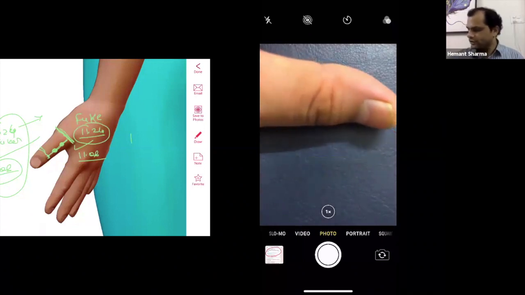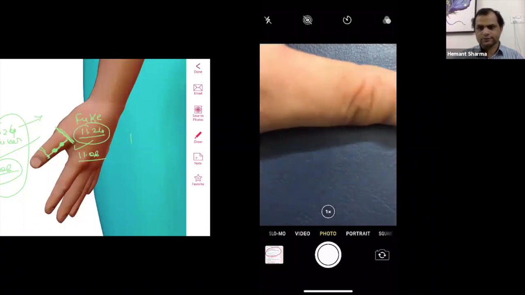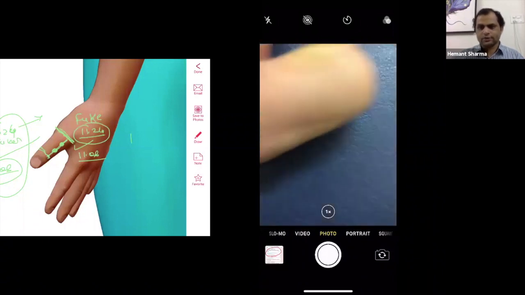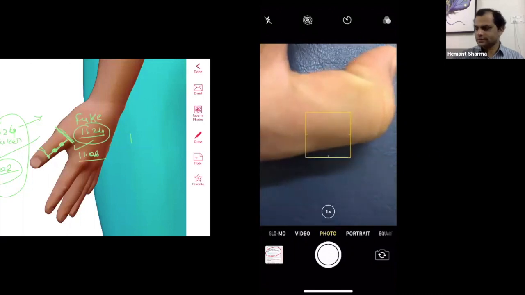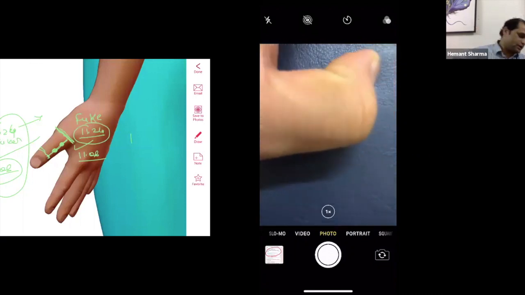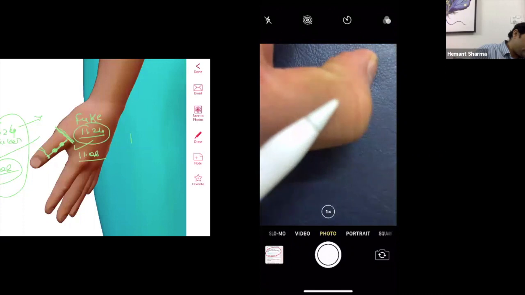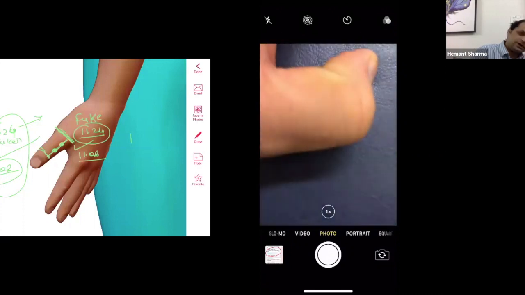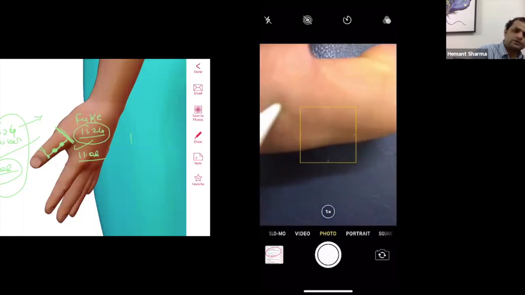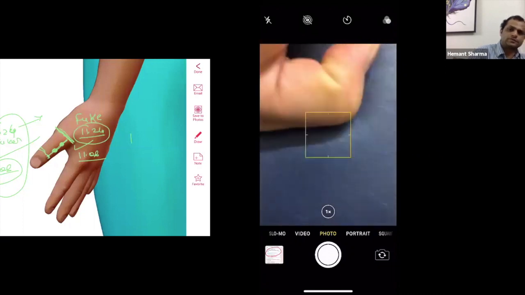When we want to put the needle in the Fouquet point, we take this distance from this area to this area.